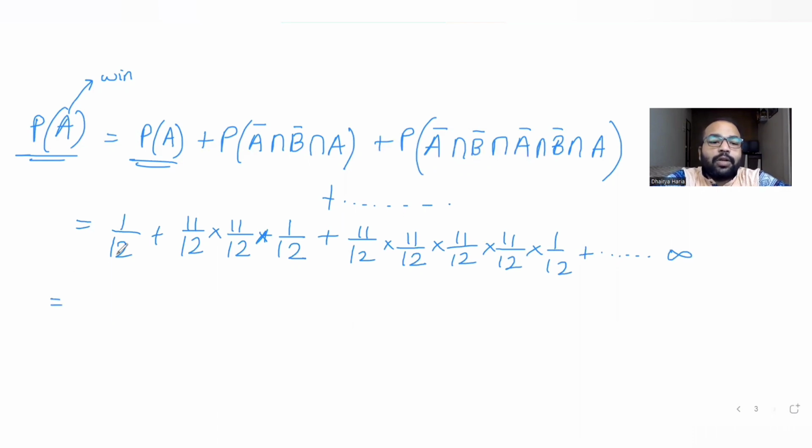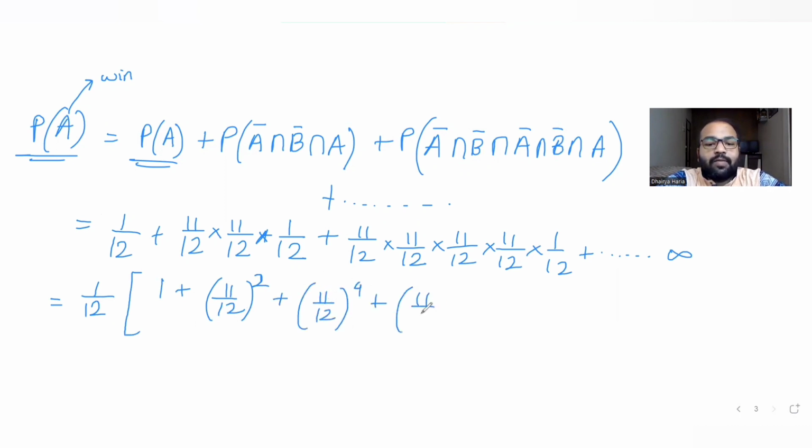Now, what I can do here is take out 1 by 12 common. If I take that out, what do I get? 1 plus 11 by 12 square plus 11 by 12 raised to 4 plus 11 by 12 raised to 6, and this goes on and on till infinity.